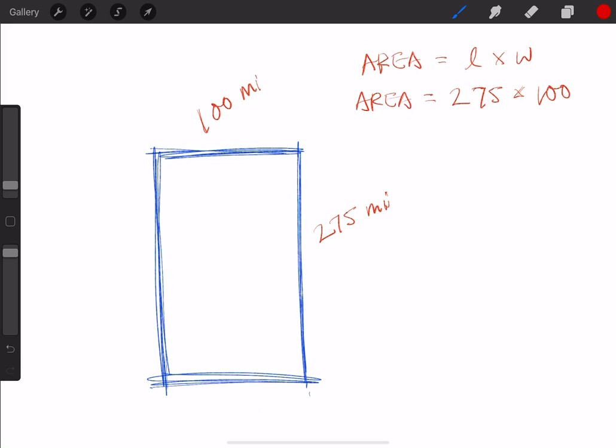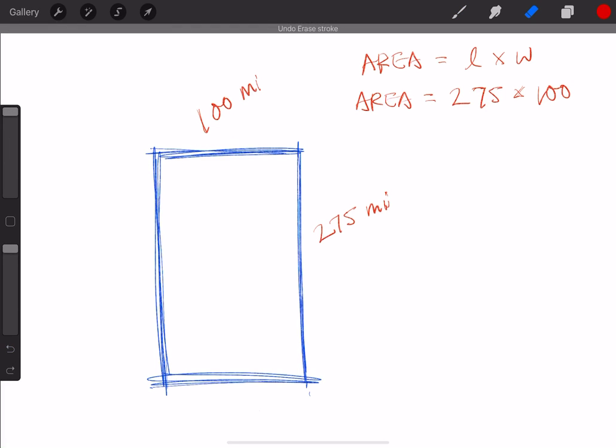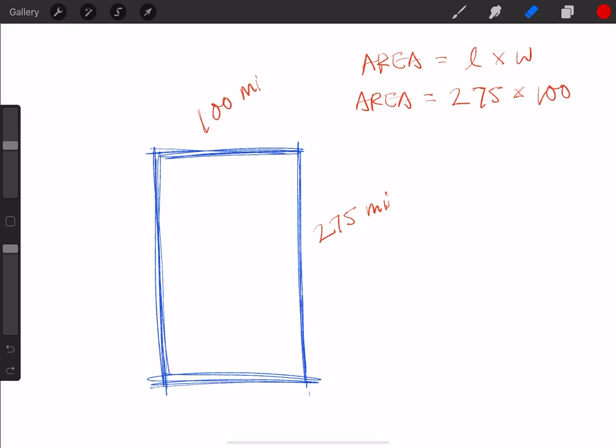When this is actually a mental math problem, to solve it's pretty easy. So remember that, do you guys see the math fact in here? Basically, the easy mental math problem in here would be that 275 times 100 is like doing 275 times 1, right?